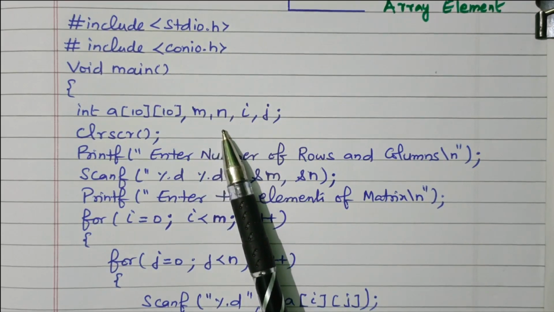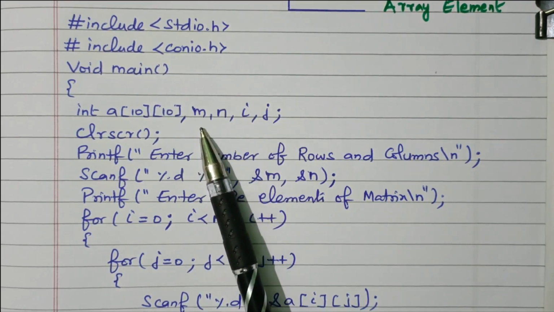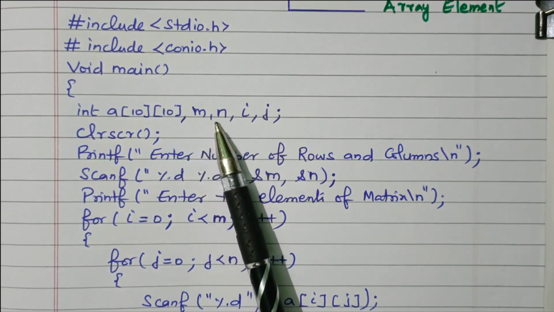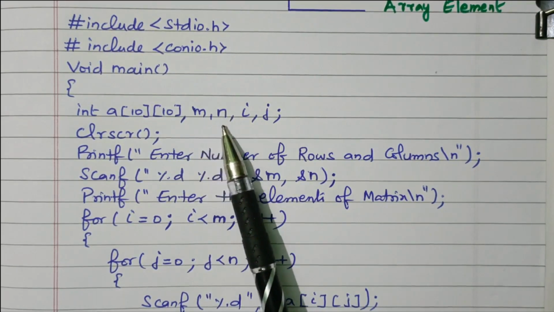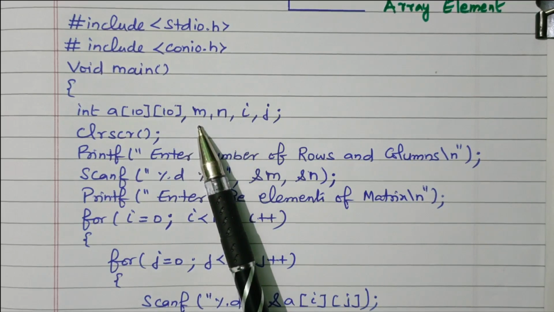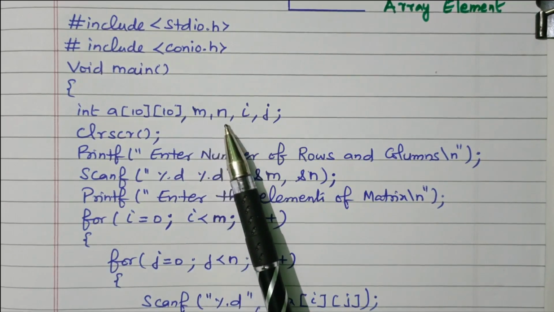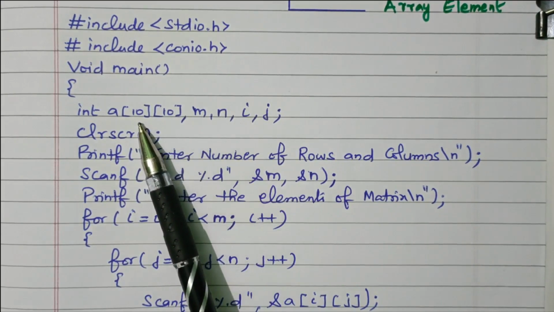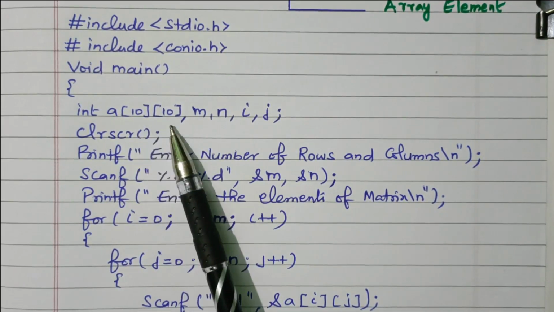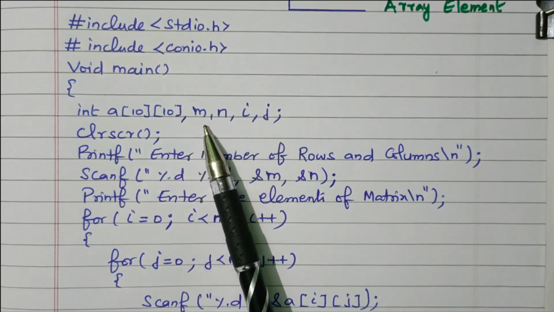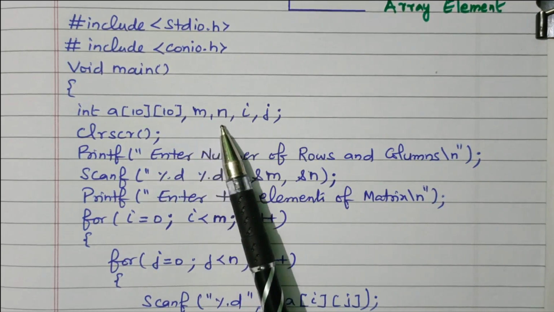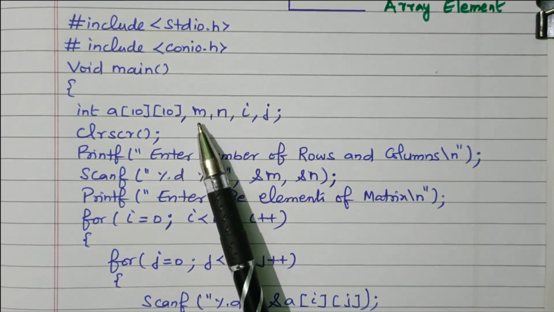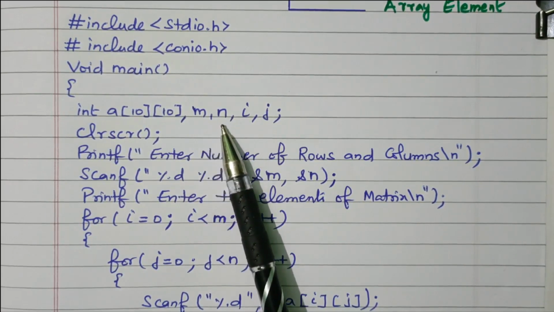We need to get the row size and column size from the user, so we declare 2 more variables, m and n. Here 10 is the maximum number of rows and columns, and m and n are the number of rows and columns entered by the user.